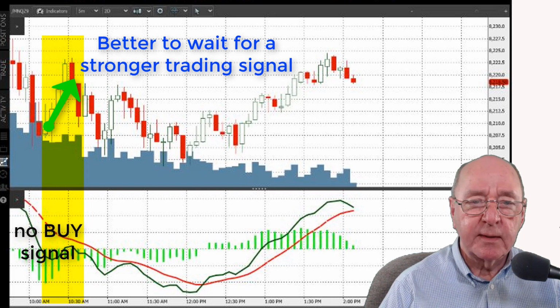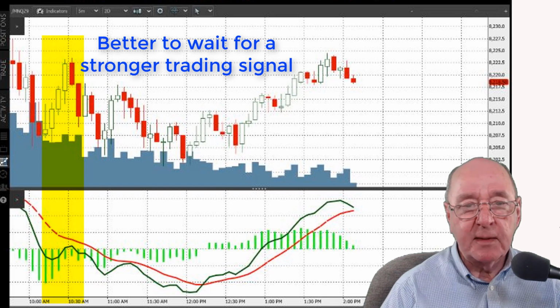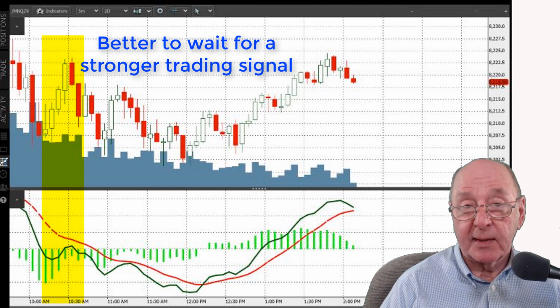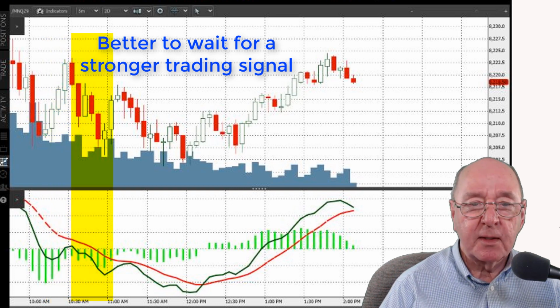This is a case where the market changes direction, but it didn't have a lot of momentum, and you're probably better staying out of a trade rather than wait for a much better trading signal to come along.